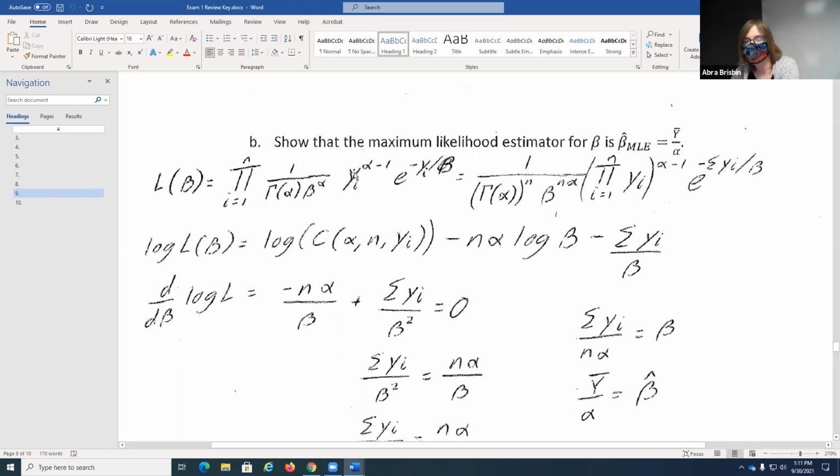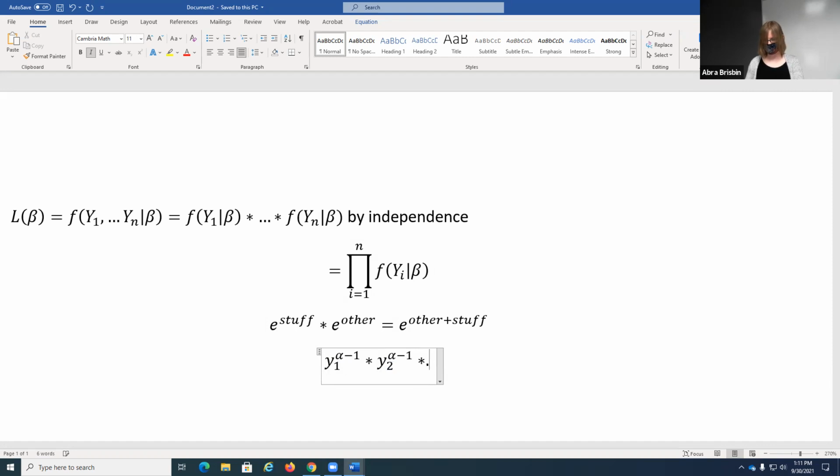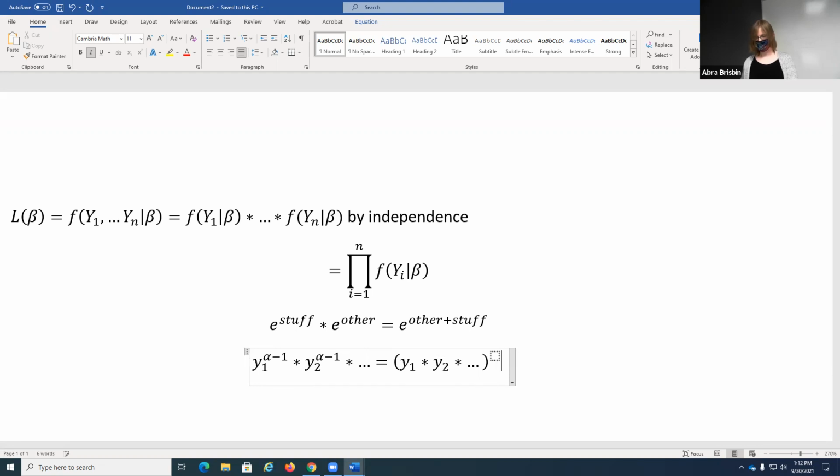And then this part in the middle, we have y sub i to the alpha minus 1. So what we've got there is y sub 1 to the alpha minus 1 times y sub 2 to the alpha minus 1 times... So there, we can rewrite that as the product of the y sub i's raised to the alpha minus 1.